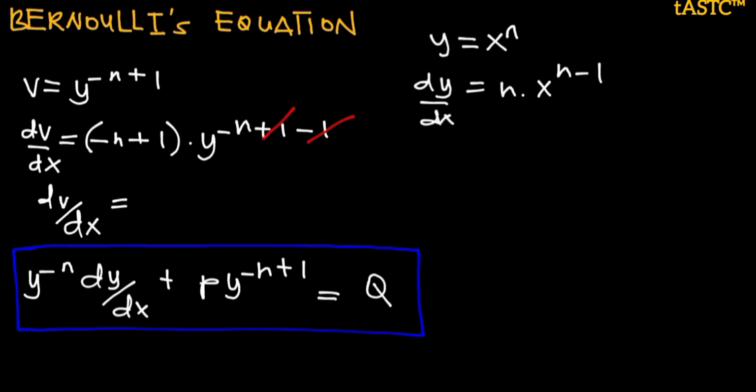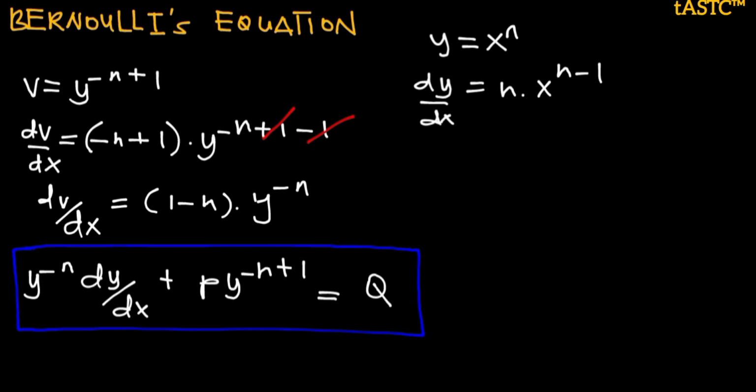And that is going to be equal to, I'm going to rearrange this, 1 minus n multiplied by y to the negative n. Now, I could take this away from here and divide through by it, but I'm just going to take it more gradually.